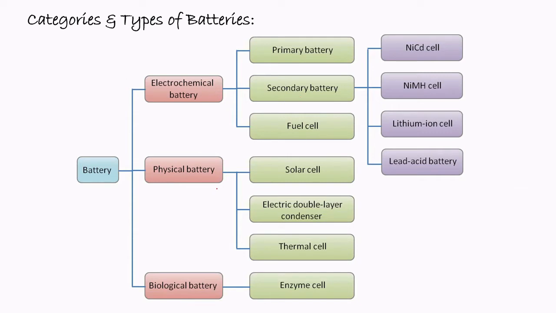The physical batteries include the solar cell, electric double layer condenser, thermal cells, etc. And the biological battery is the enzyme cell, and so on. Here the secondary battery is further classified as nickel cadmium cell, nickel manganese cell, lithium ion cell, lead acid battery, etc. In this lecture we will discuss the primary battery and the secondary battery.